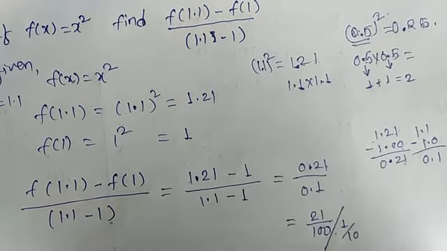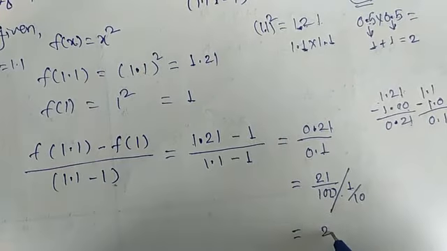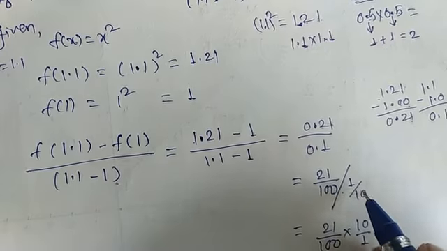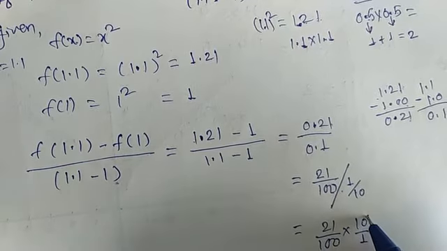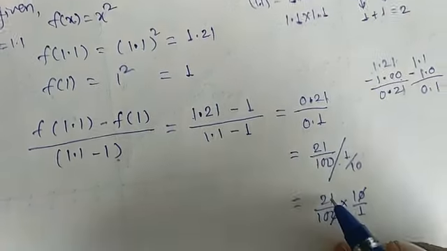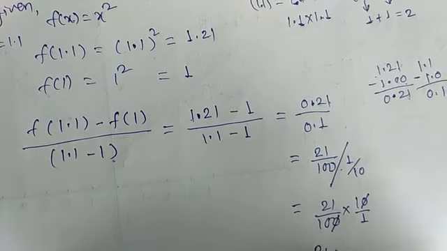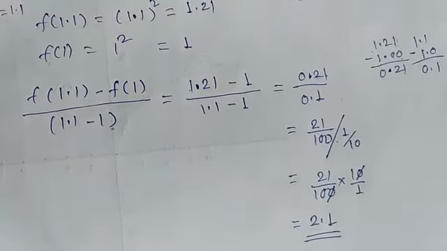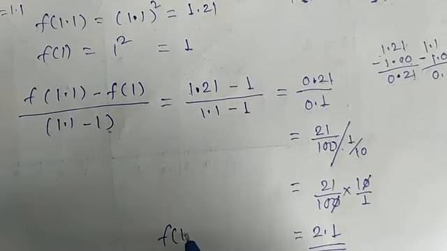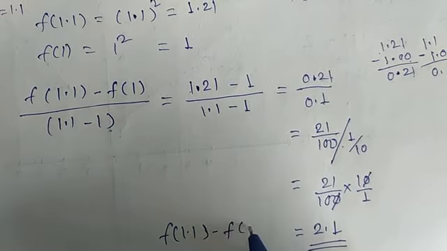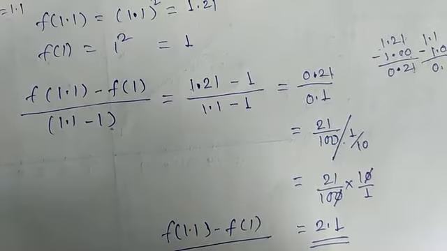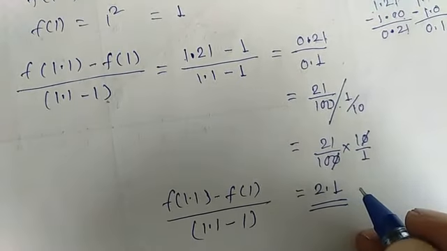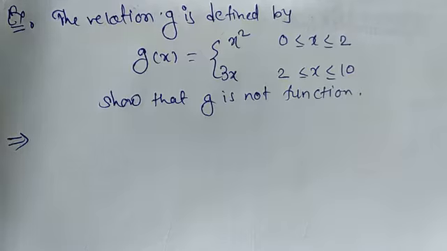So it can be written as 21 upon 100 multiplied by 10 upon 1, taking the reciprocal of the denominator. Here the 10 gets cancelled and only 21 upon 10 remains, which is equal to 2.1. So the value of f of 1.1 minus f of 1 divided by 1.1 minus 1 is 2.1.